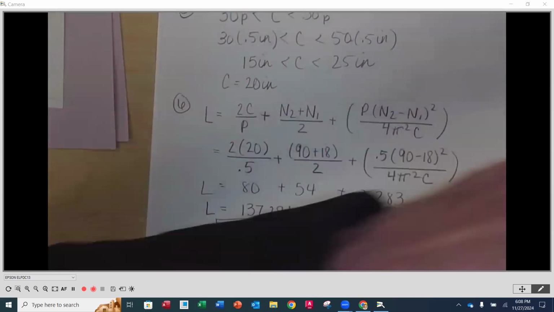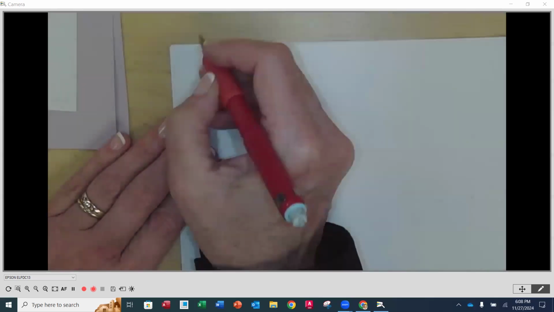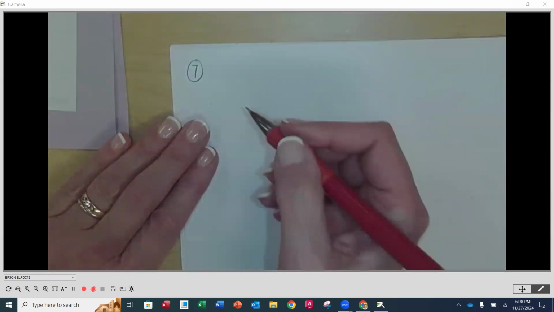So now that we know exactly how many links we have, we want to recalculate and get our actual center distance based on the 138 links. That's going to be the last step here. Our last step, which is, I think, step number 7, is going to be our center distance.